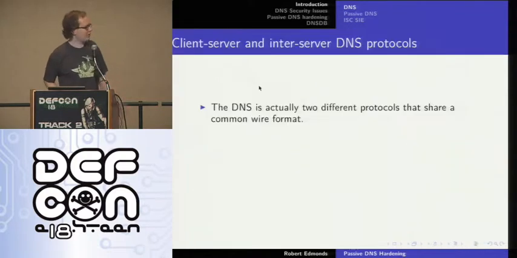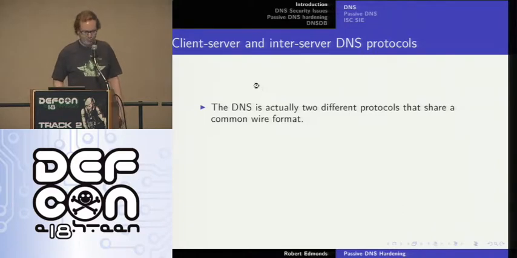The DNS, so I just explained, we have 2 different protocols. One that the client speaks to the cache, and one that the cache speaks to the content name servers. And these are fairly different semantics, but they use the same wire protocol. So the DNS is commonly considered to be port 53, but it's terrifically complicated.